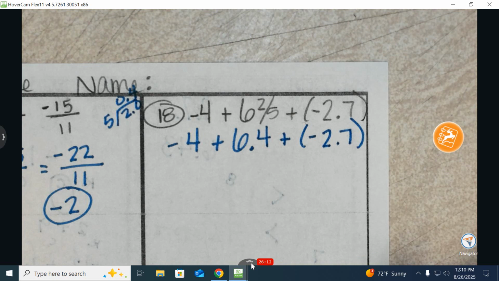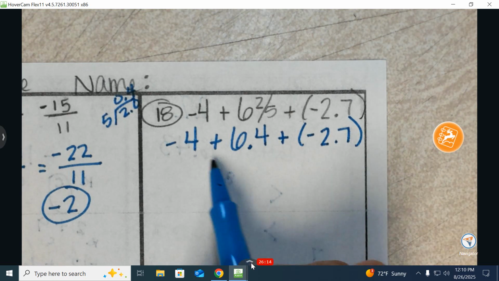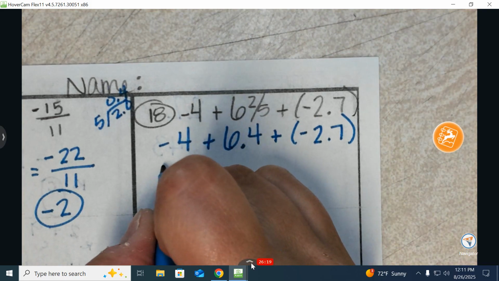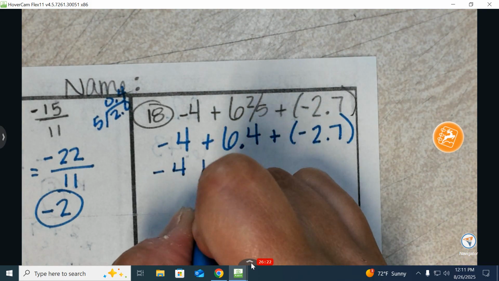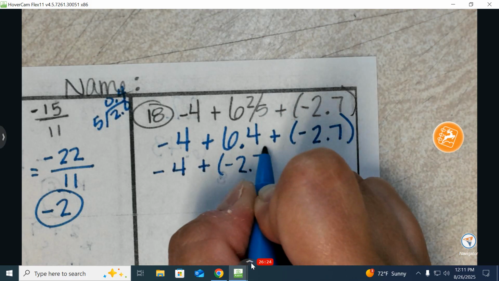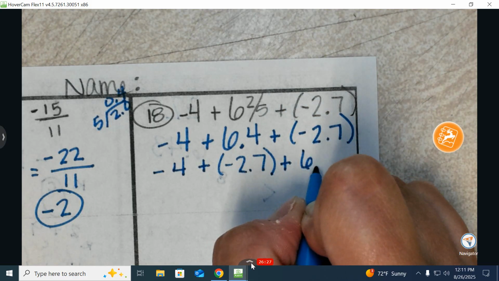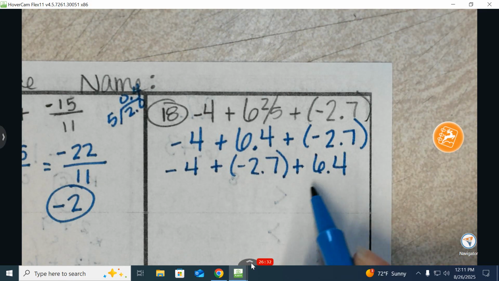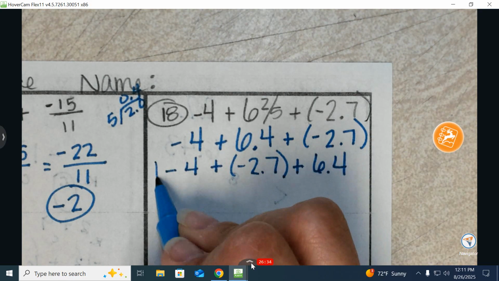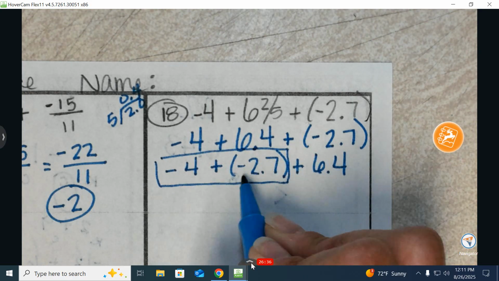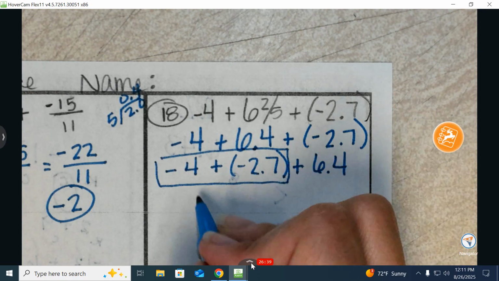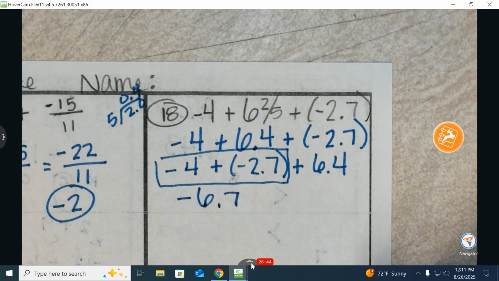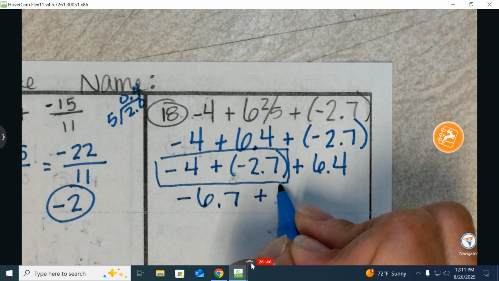When I am looking at this, addition is commutative, so I could technically rewrite this to where it would say -4 plus -2.7 plus 6.4. I use the commutative property to swap these two because this is easier math. So I can math this. -4 plus -2 is -6 and then just 0.7 and then plus 6.4.